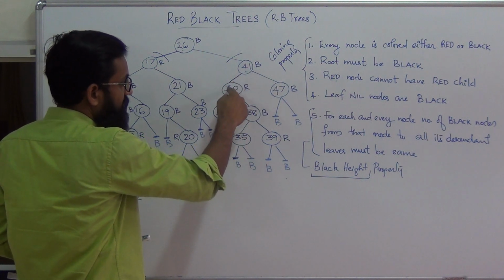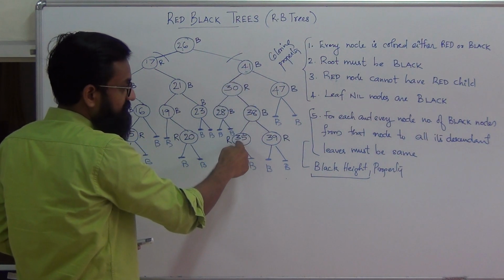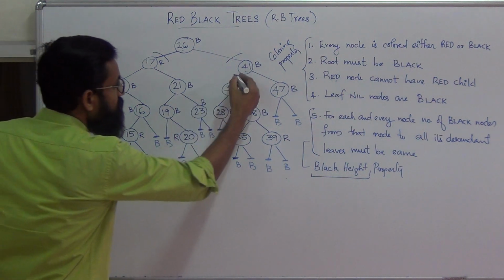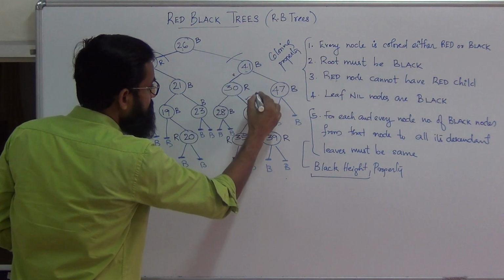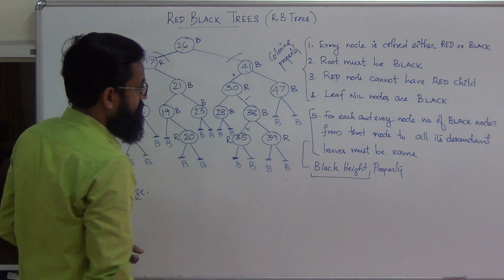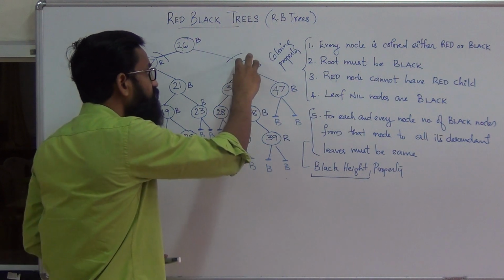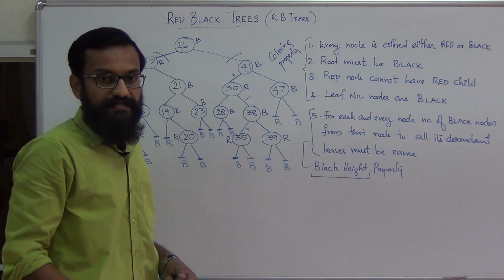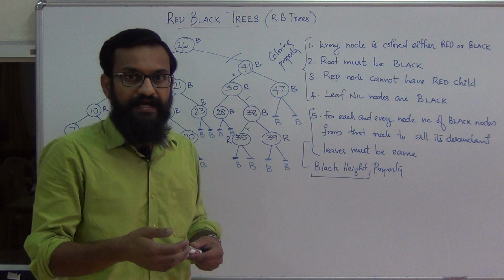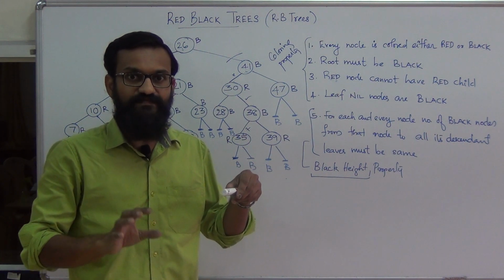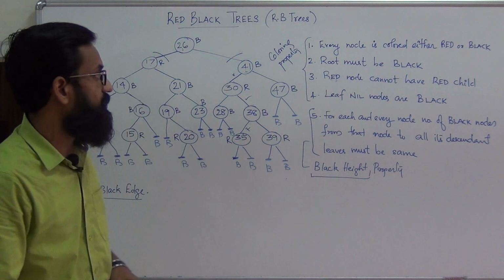Count the number of black edges. This is not a black edge, this is a black edge, this is not a black edge. So the number of black edges is 1, and the black height of 41 is 1. Similarly, the number of black edges in the path from 41 to any descendant leaf must be the same. That is the black height property.